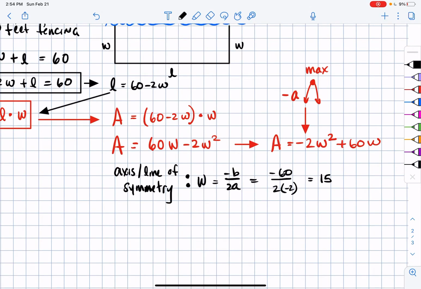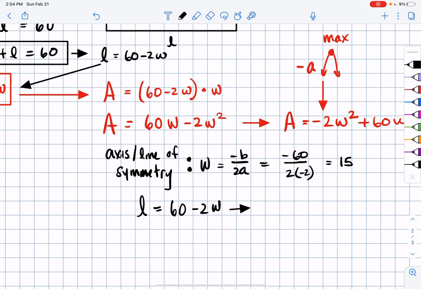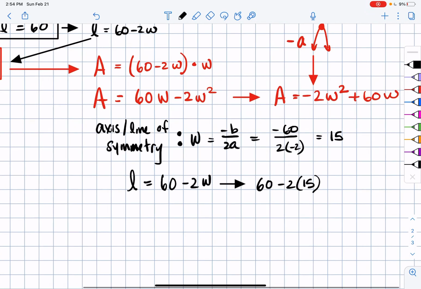Question is, what is my L? What is my length? Okay, so again, I got the 15. That is my W. What is my length? Okay, so my length, you already told me, is equal to 60 minus 2W. Okay, so does that mean that is going to be 60 minus 2 times 15, right?